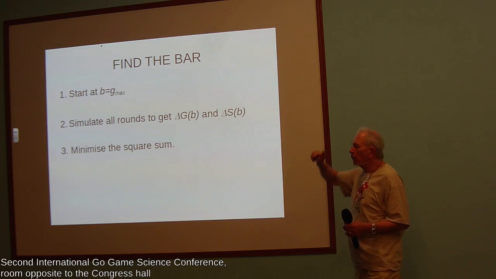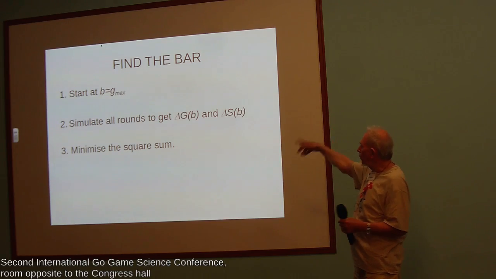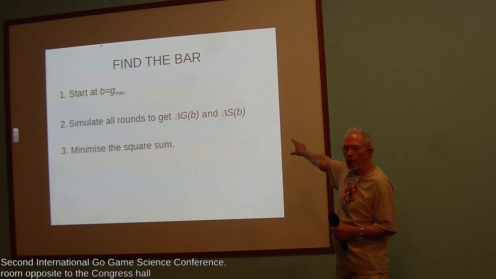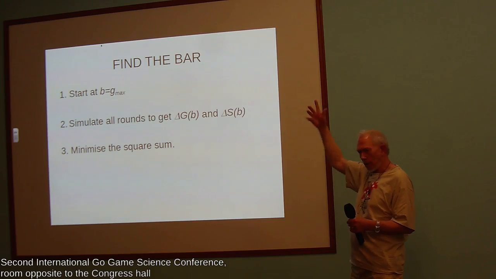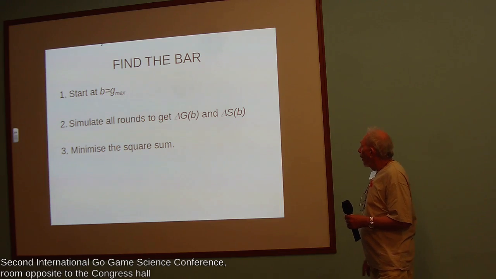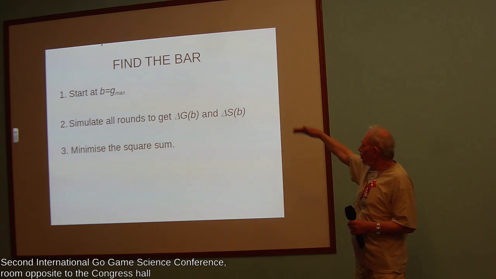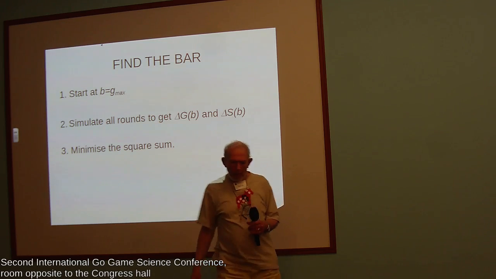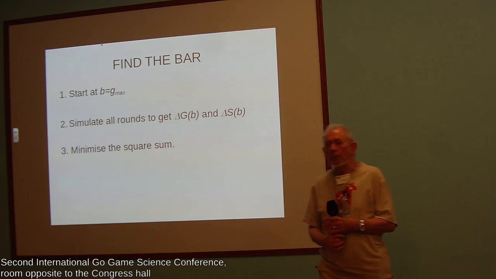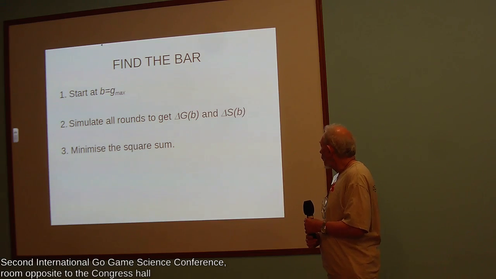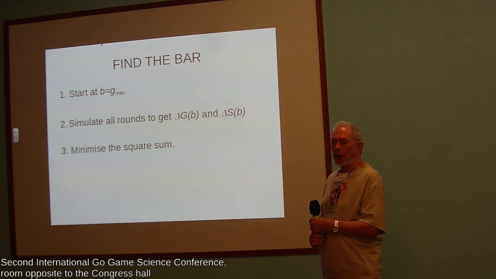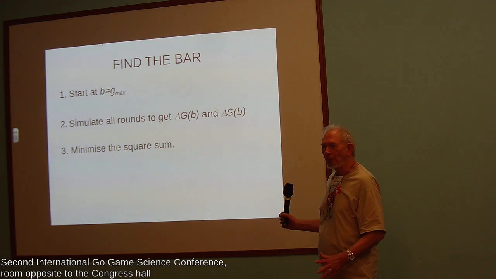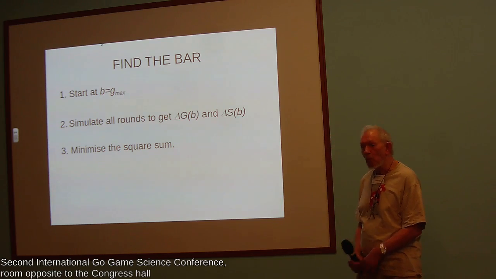Reduce the bar by 1 and do it again. By the way, when you simulate all rounds to get the entire tournament, you then do that 100 times to get a good value of these two quantities, because they depend on the noise. Eventually, you'll get a whole sequence of values for these two, and you can then minimize the sum of squares, and that gives you an answer for where the bar should be. We have now found the bar, and I think I will now take questions.